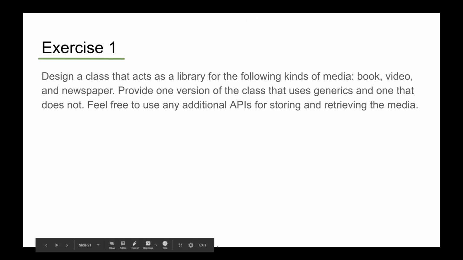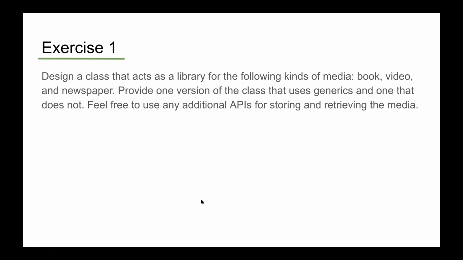I think I understand it wrong. So should we design one class or one class with some separate? You have to create four classes here. Actually, one class for storing book, video, and newspaper.